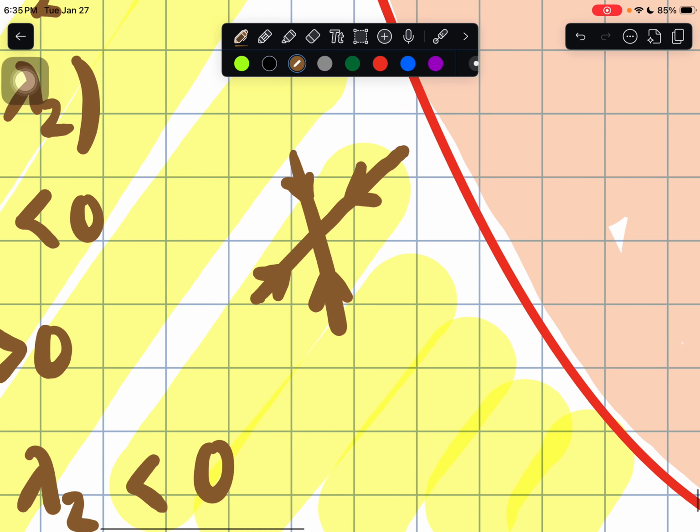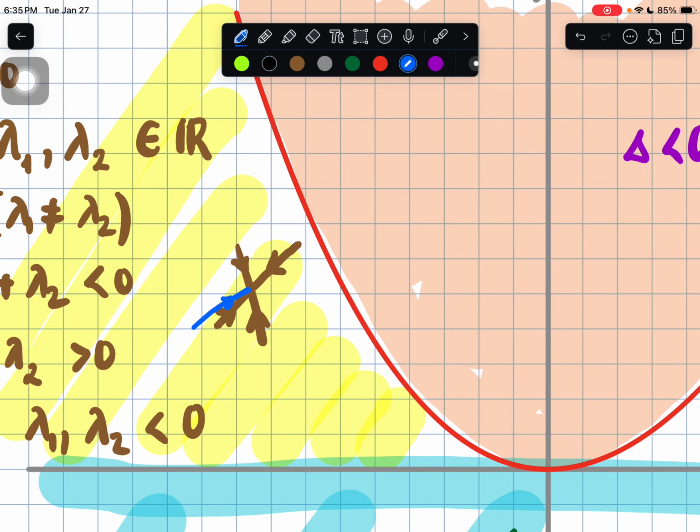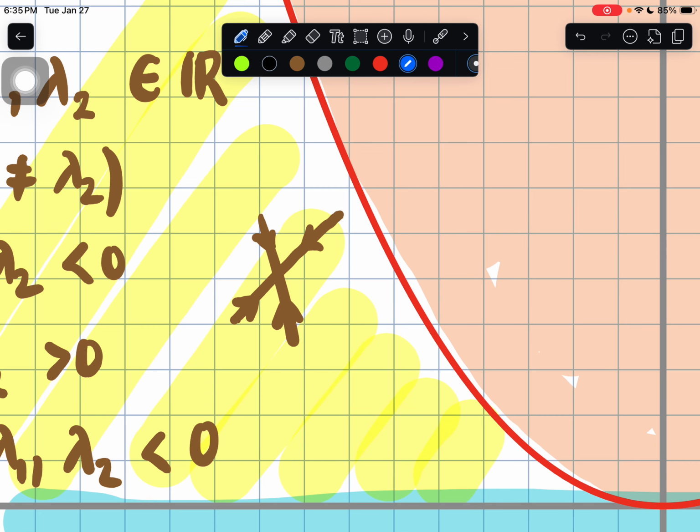So from, let's say, one direction, when t tends to plus infinity, it goes like this, and this is minus infinity, it could be something like this.